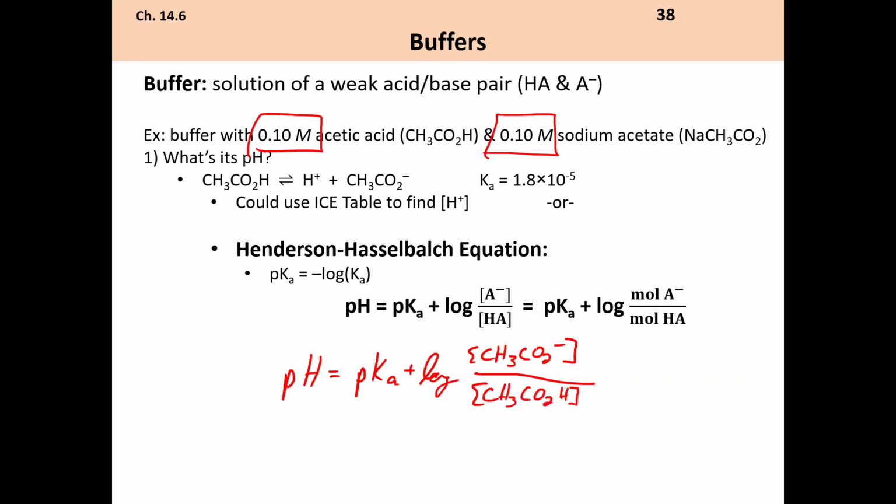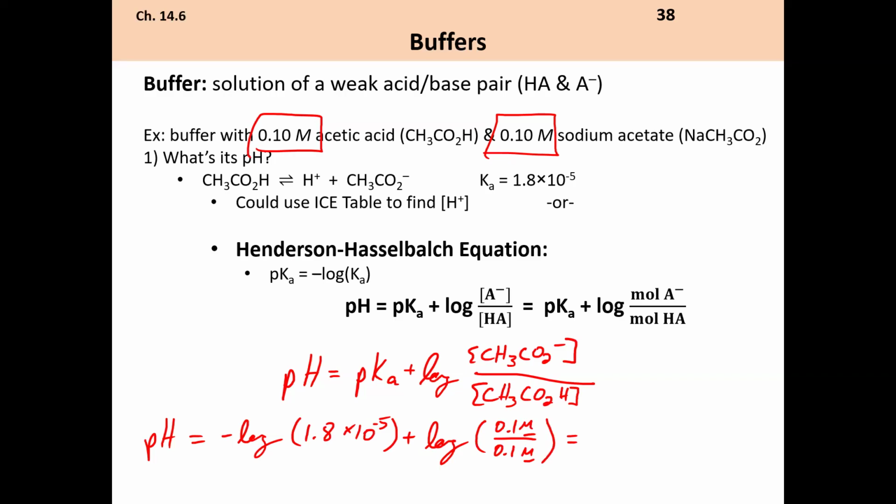So that's going to be negative log of 1.8 times 10 to the negative 5, plus log of 0.1 over 0.1. All right, so why don't you all figure out what this is, and then we'll review it.